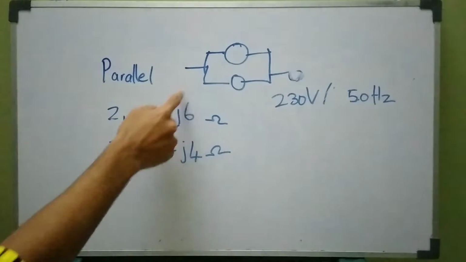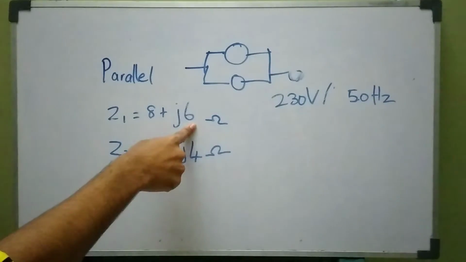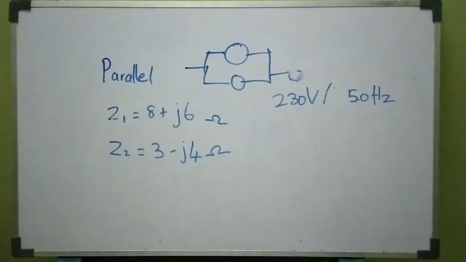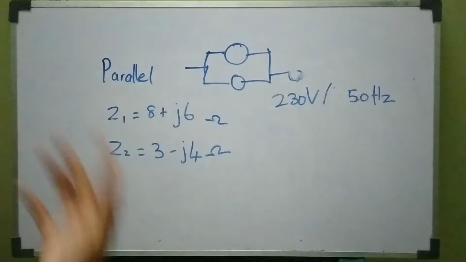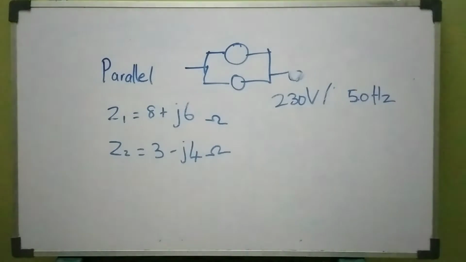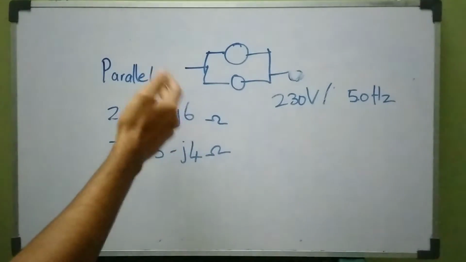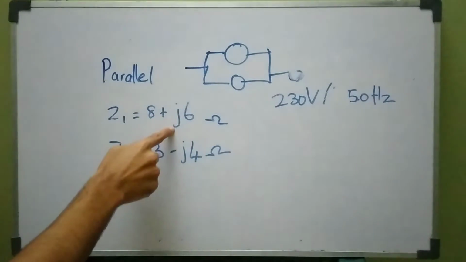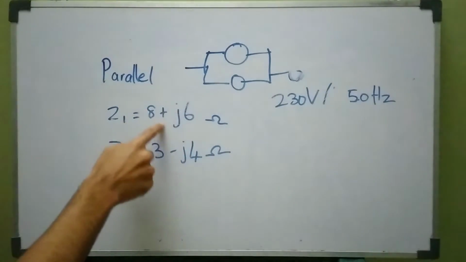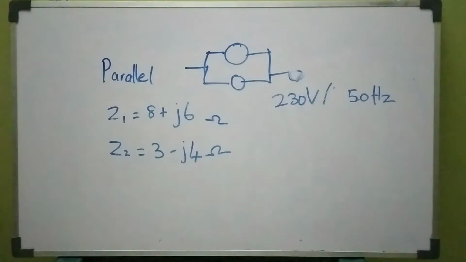Also, it has reactance, so it would have either an inductor or a capacitor, but there won't be a chance of having only a capacitor because it has a plus sign. There would always be an inductor, but there might be a capacitor with that inductor.